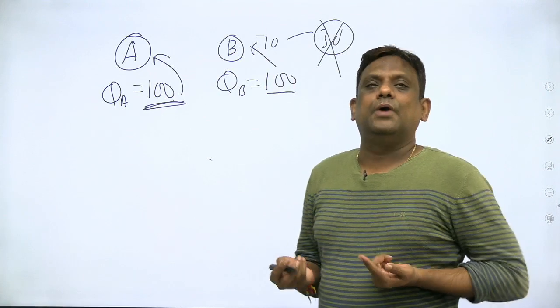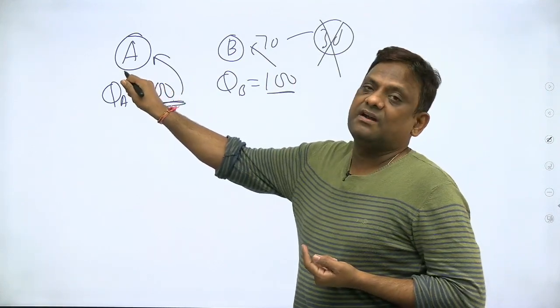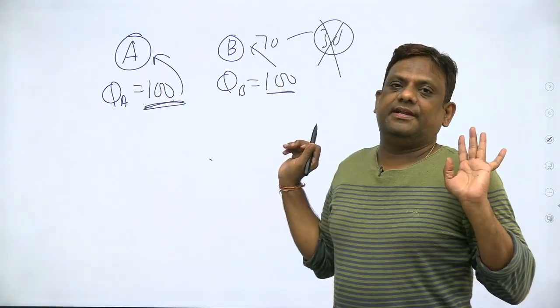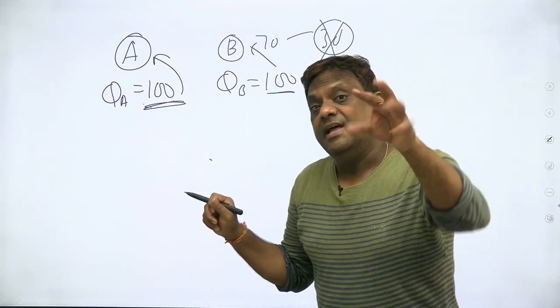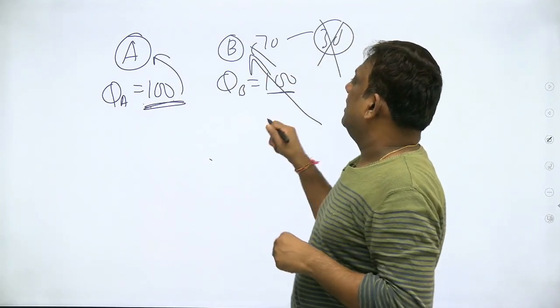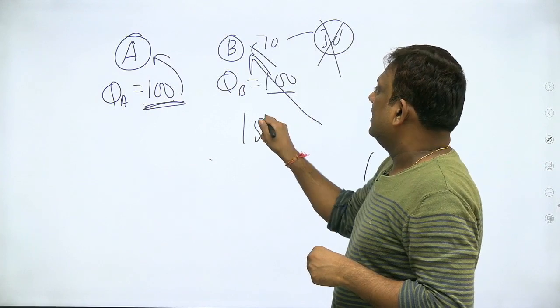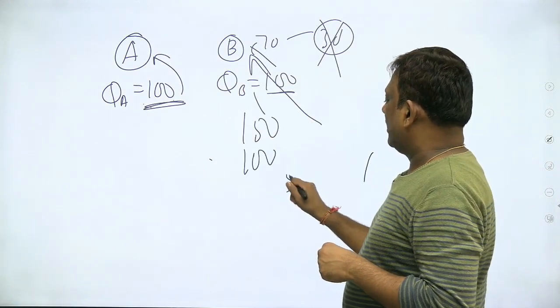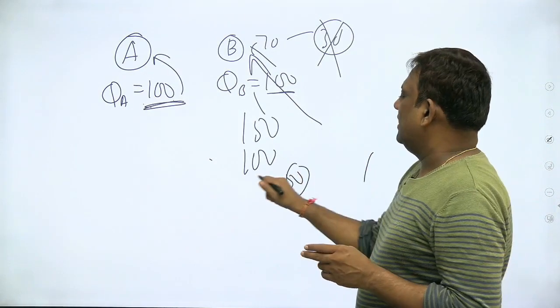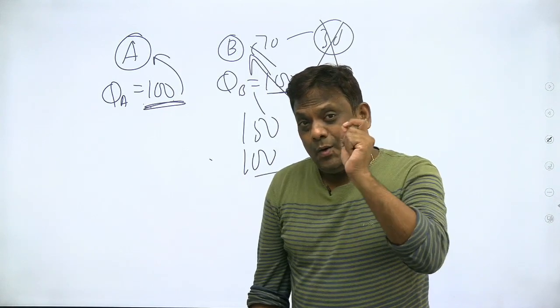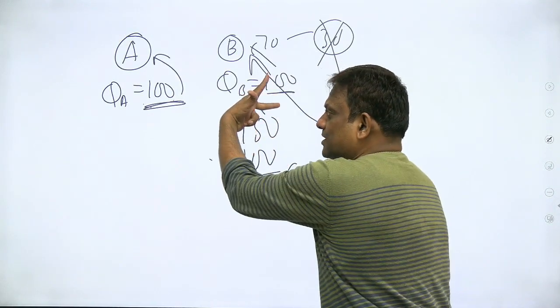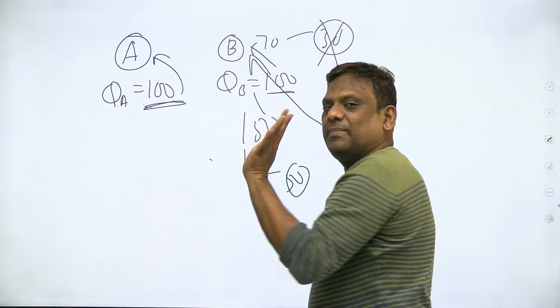Now I ask, how much do you have? A says, sir, I have 100, and B says, I have 70. They are not the same, but I want the same. If I want the same, I have to supply extra. When I supply extra, let us say 150, then he keeps 100 and 50 goes for mobile recharge, whatever it may be. So only 100 is with him. So when you have two components, for bringing the same, I have to supply extra.